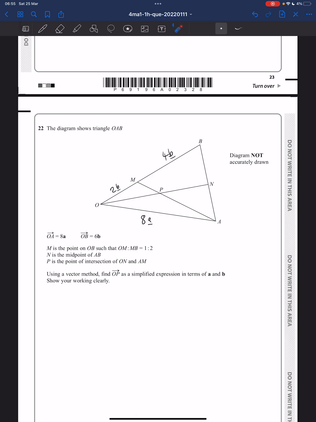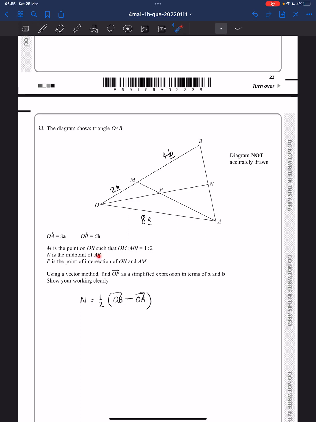Okay. So that was, what is this? O, N is the midpoint of A to B. I think that's it. So N is going to be half of O to A, right, N is a half, and it's going to be O to B minus O to A. Do you remember?